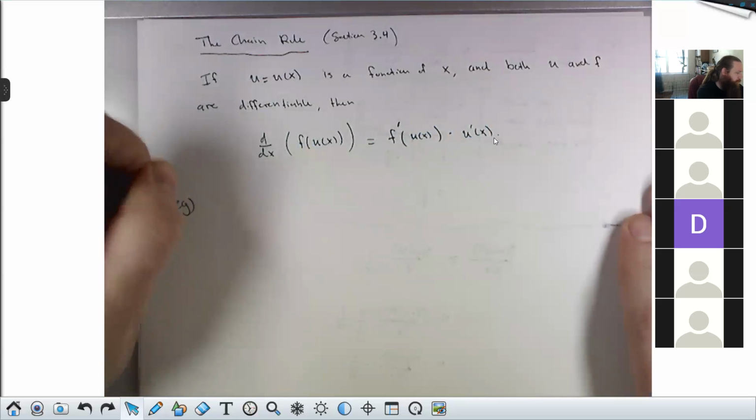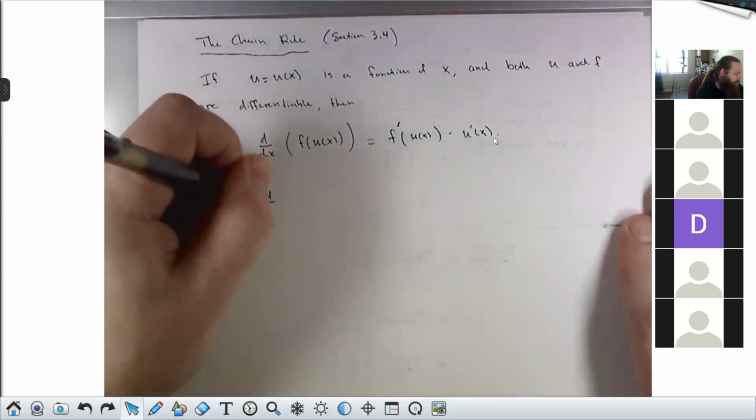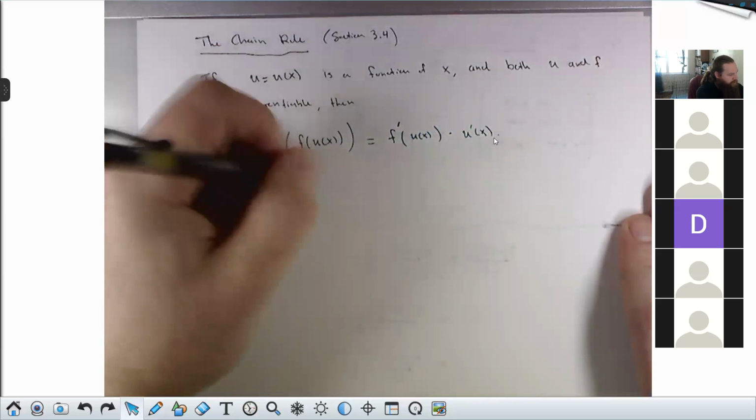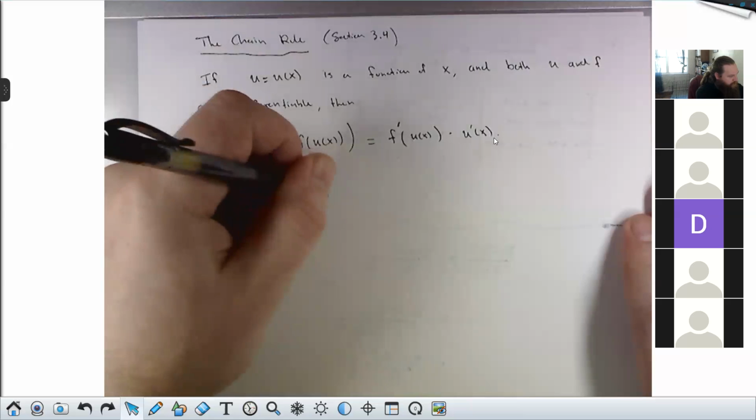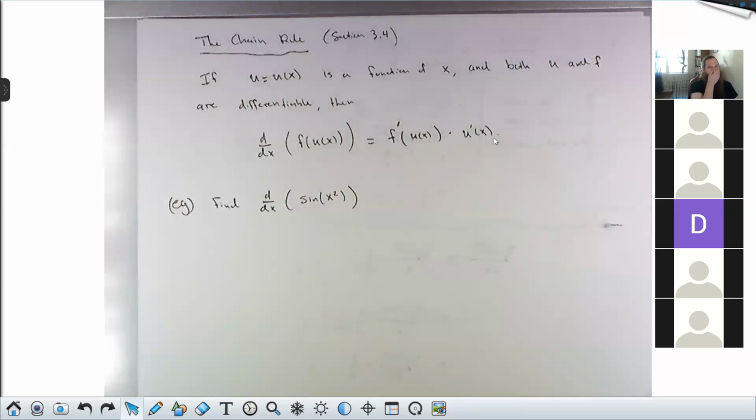Let's try an example. Find the derivative d/dx of sine of x squared. So I'd like to ask, what's my outer and what is my inner? The inner looks like it's x squared.